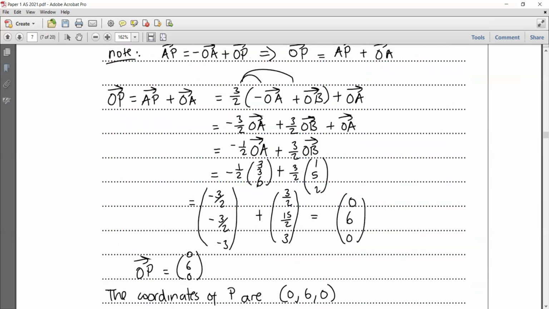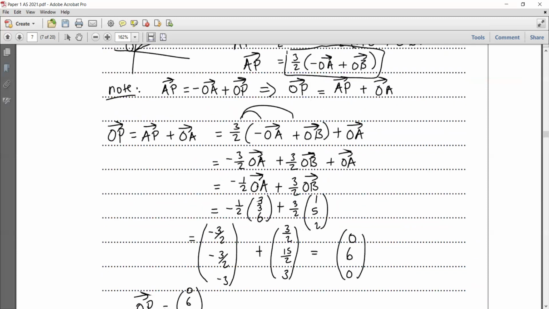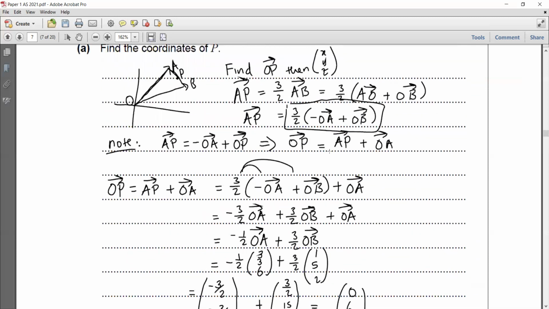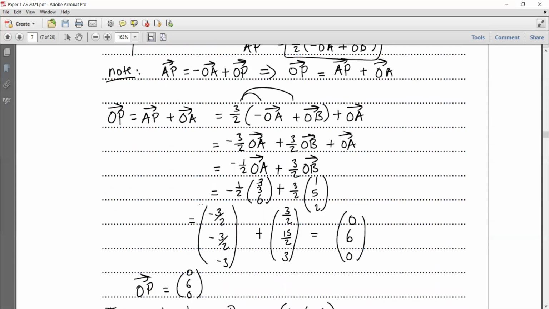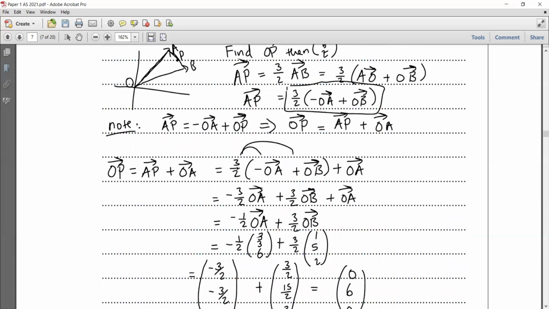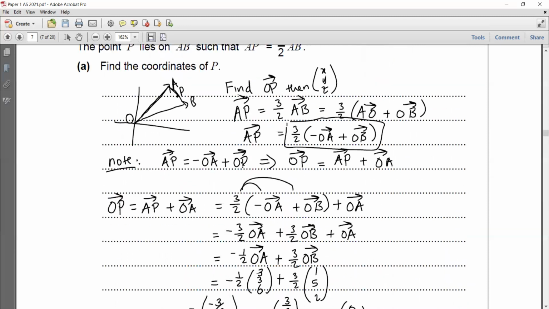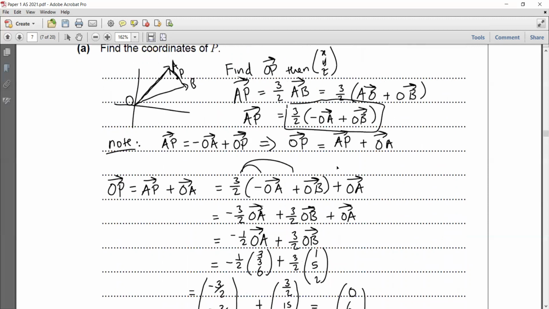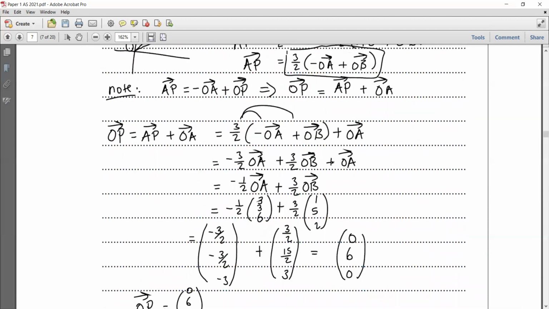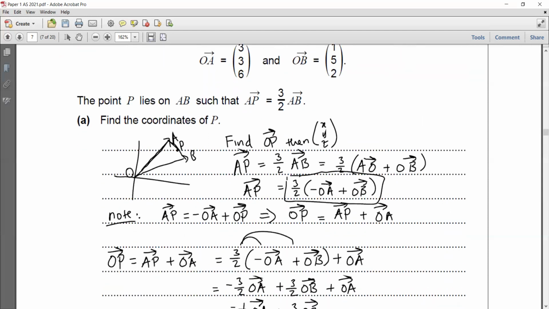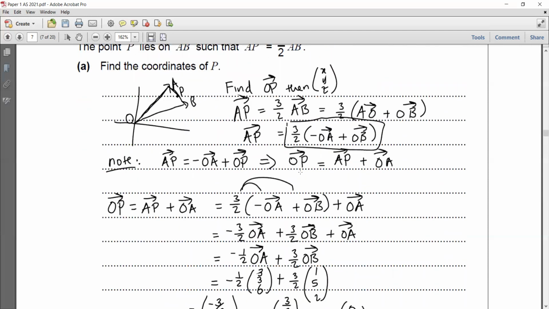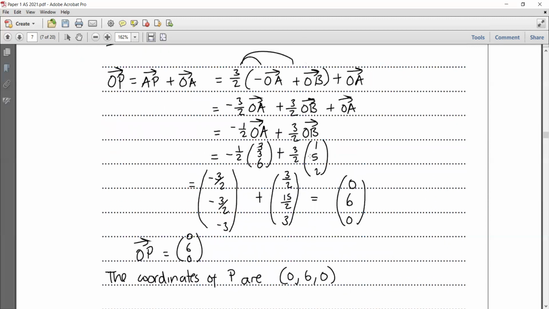So AP. Did we work out what AP actually was? No, we didn't. So we can still work out what AP is. AP is 3 over 2 of AB. So we want to find the actual value of AP.